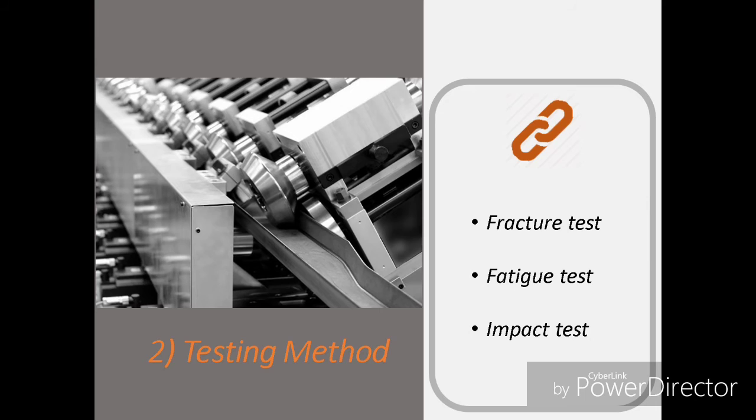There are several testing methods that can be conducted on the healed bonded surface. They were tested in terms of their integrity, efficiency, and life cycle. Those tests are fracture tests, fatigue tests, and impact tests.